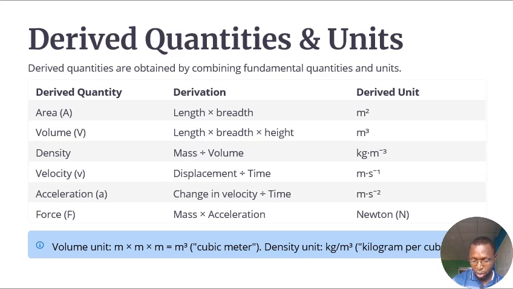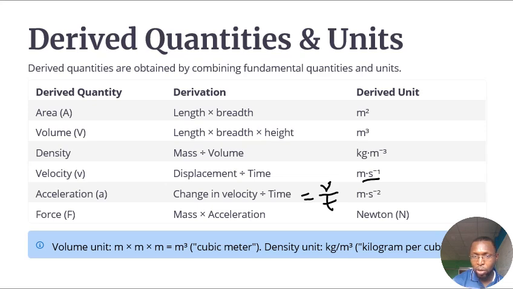So that means this is equal to velocity over time, right? And then we have seen that velocity unit is meter per second. Okay, so let's take it like this again.